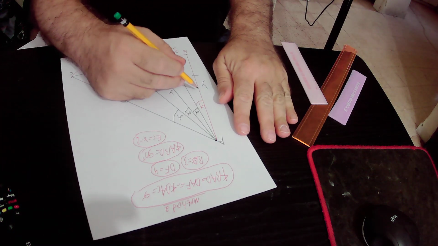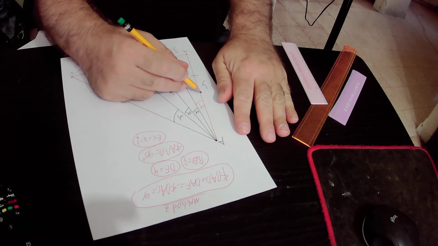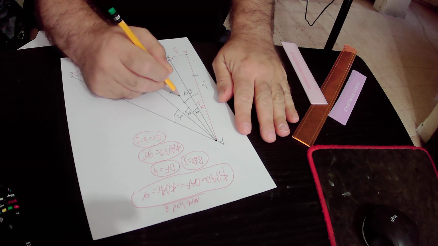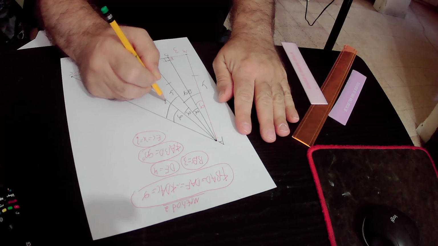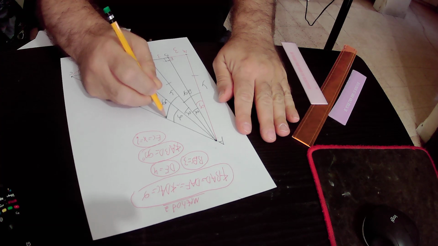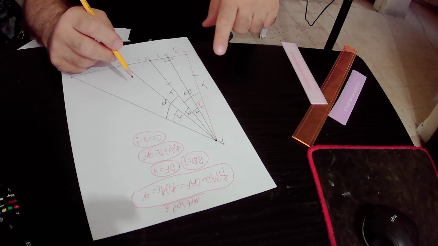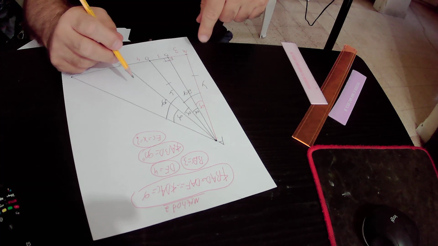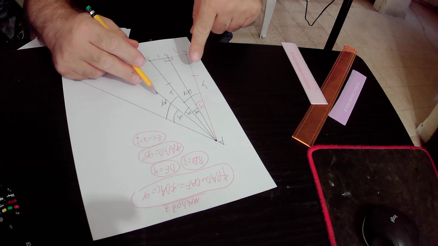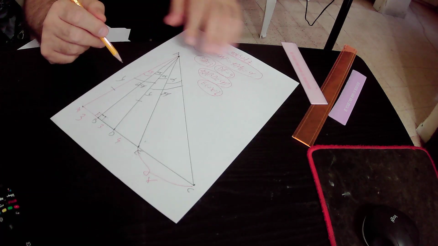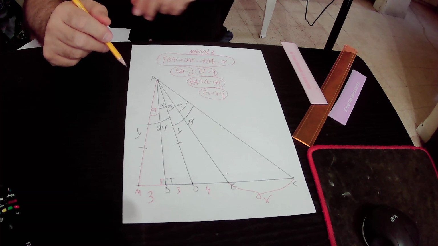Here we have alpha plus alpha, 2 alpha, and also here alpha plus alpha, 2 alpha. So the angle bisector AD divides the angle AMC into two equal parts, 2 alpha and 2 alpha. Therefore AD is angle bisector in triangle AMC.